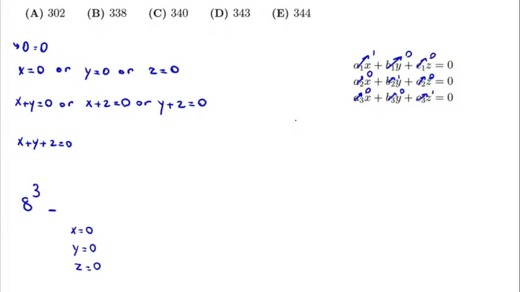So if you consider this case, x, y, z should be 0. And we don't have any other solution. So this case is bad. But x equals 0 can be the first equation or second or third equation. So we have 3 cases for x equals 0, 2 cases for y equals 0, and 1 case for that.